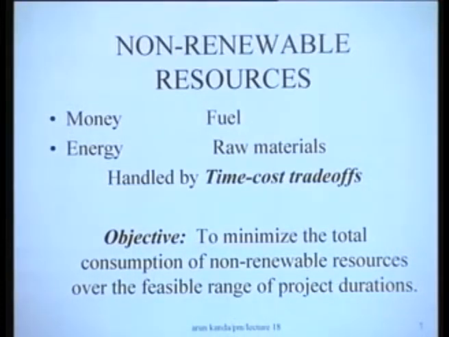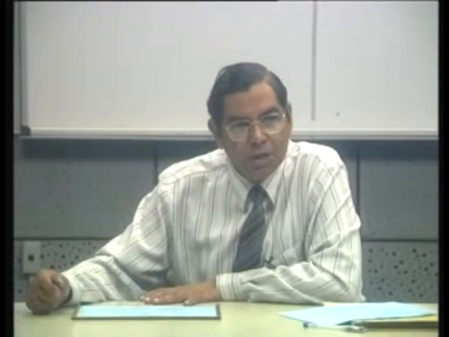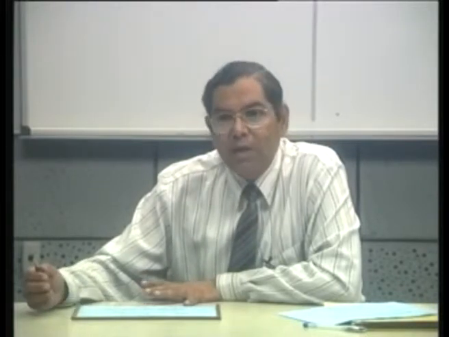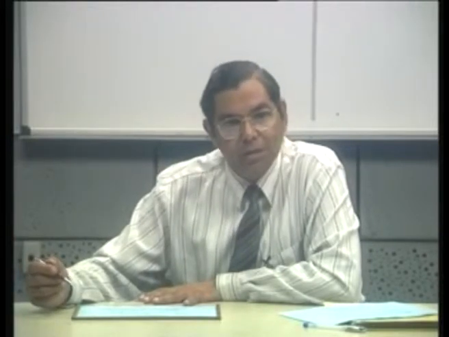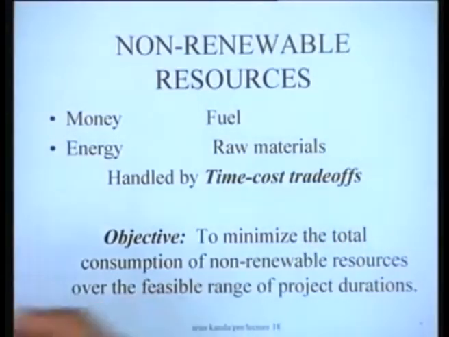Whenever we are dealing with consumable resources or non-renewable resources, those which get consumed, like cost, we resort to procedures like time cost trade-offs, which are used for trying to find out the minimum cost schedule, or the best trade-off between the project duration and the project cost, this kind of thing. And we are already familiar with these procedures.